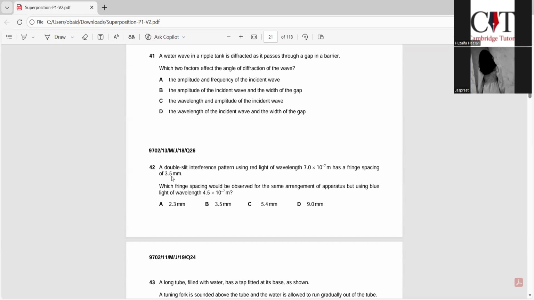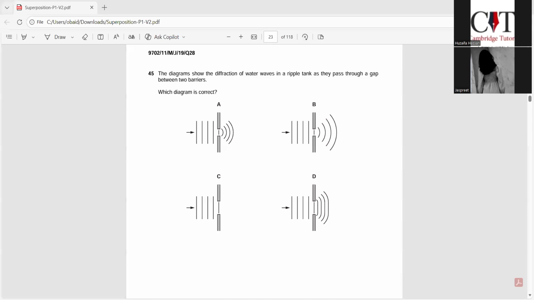Okay, now try to solve MCQ 42 and tell me the answer. What do you think the answer would be? Okay, MCQ 42. Read MCQ 45. The diagrams show the diffraction of water waves in a ripple tank as they pass through a gap between two barriers. Which diagram is correct?